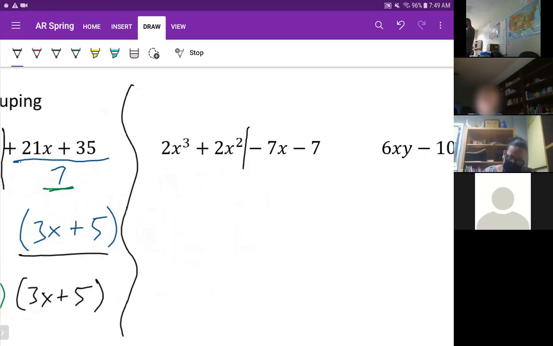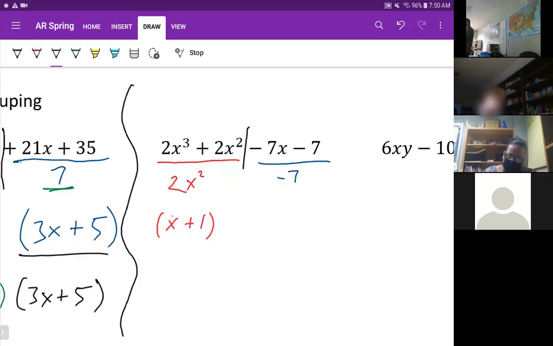So split it right in the middle. Over here, we can take out a 2. We can take out an x squared. So if we do that, 2 divided by 2 is 1, so that's going to just be x plus 1. So we know whatever we divide this by, if we get x plus 1, we're in good shape.